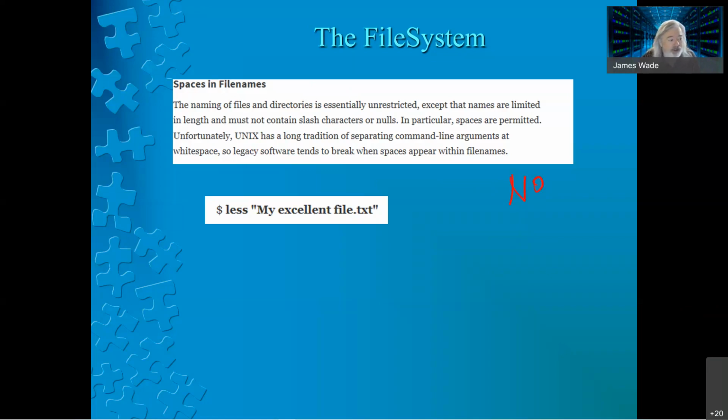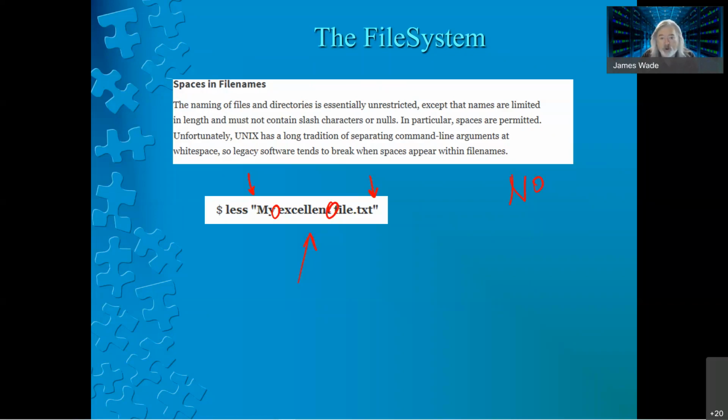I will admit, if you look at my desktop, you will see there are loads of names with spaces when you load programs. But in the Unix world, we don't do it. Notice here, we have to use these double quotes if we've got spaces in here, which is what a couple of y'all said. Seth, I was really asking, should we? I sometimes ask questions just to see what people will answer. But the answer is we don't want to use spaces for this whole reason right here. You have to do this.